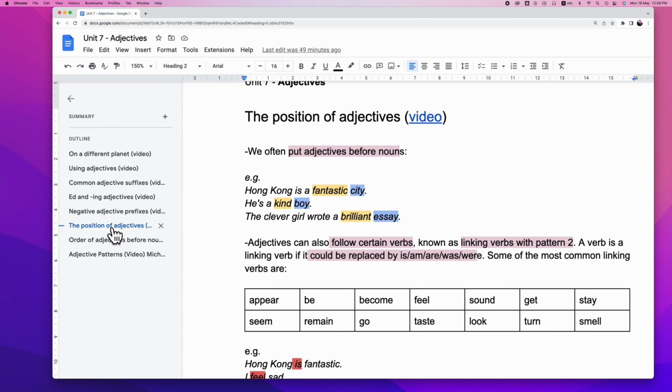The positions of adjectives. In the chapter, we all know that an adjective is put in front of a blue or after a linking verb. A blue is a noun, and a linking verb can use the color red to represent it.